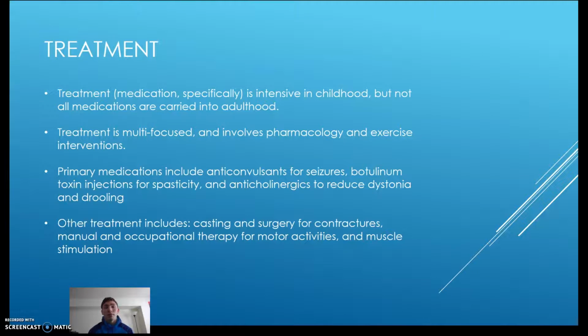Some examples of primary medications include anticonvulsants for seizures, botulinum toxin injections for spasticity, being random contractions of different muscles, and anticholinergics to reduce dystonia and drooling. And then finally, some other treatment includes casting and surgery for contractures, manual and occupational therapy for motor activities, and muscle stimulation.